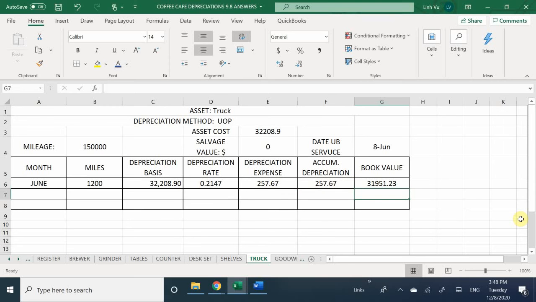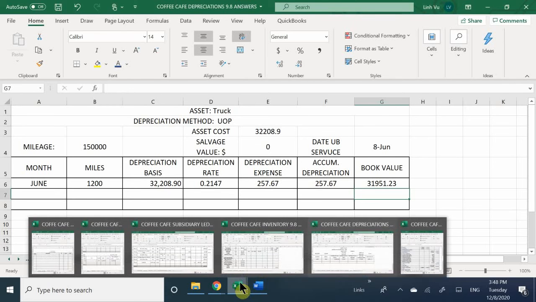Good. We've completed our very first one, the depreciation for the truck for the month of June, $257.67. We'll piece everything together at the end.